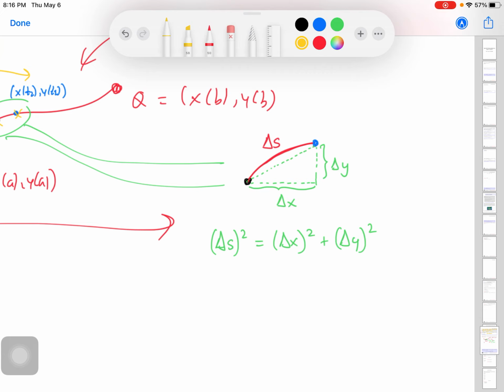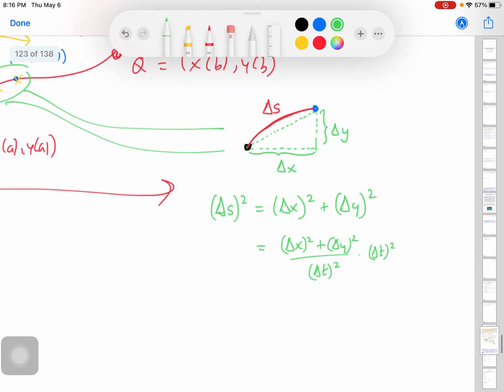So what I'm going to do on the right here is divide this expression by delta t squared, and then multiply it by delta t squared so that I don't change the expression. Then I'm going to put this delta t inside the parentheses so that I can square this entire quantity, and leave this delta t squared out here.